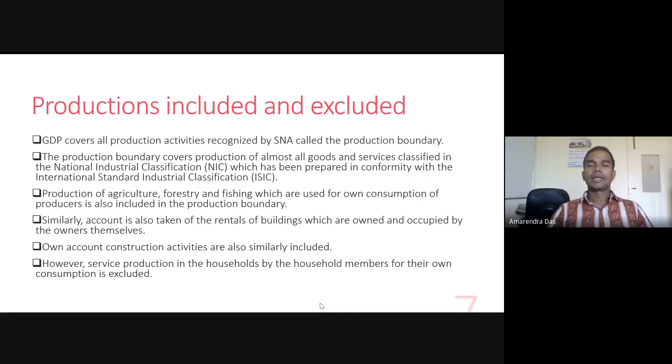If you are hiring a cook, then you have to pay money, then that is included in GDP. But if you are cooking on your own, then that service is not accounted for in the GDP. Similarly, the rental value of the buildings are included in the GDP calculation, and your own account construction activities are also included in the GDP.